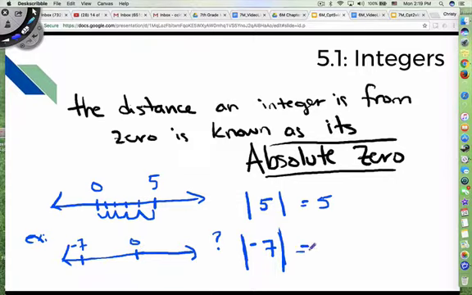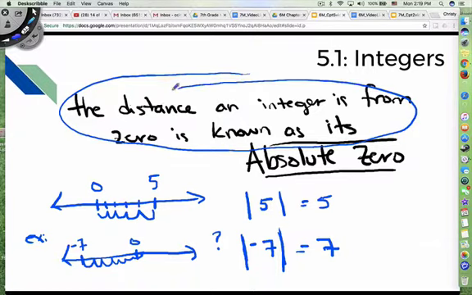It is 7 steps away, so you would say 7. It will always be a positive number. It's never negative steps away from 0. It's 7 steps, 1, 2, 3, 4, 5, 6, 7, to get back to 0. And so knowing this, the distance the integer is from 0 is known as the absolute value. Very, very helpful.